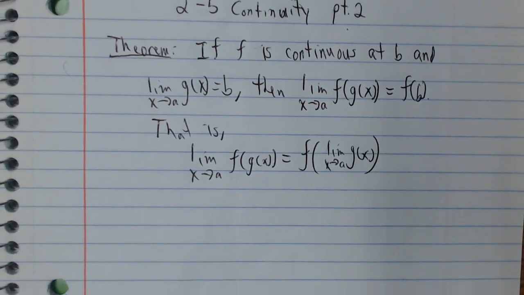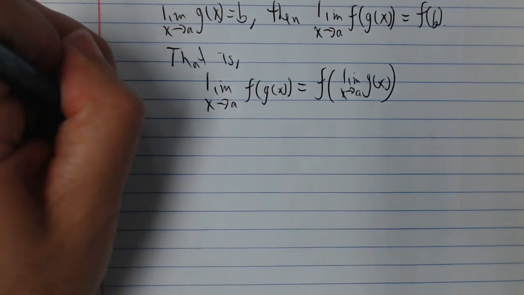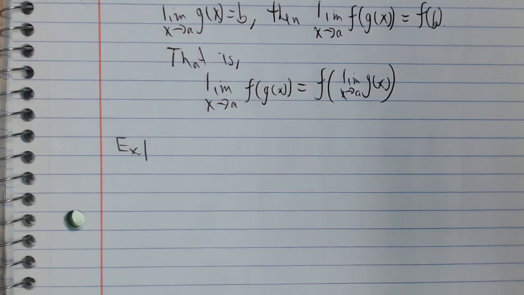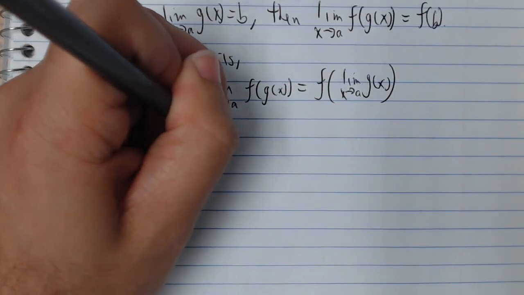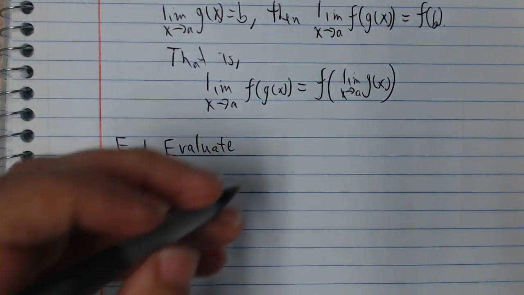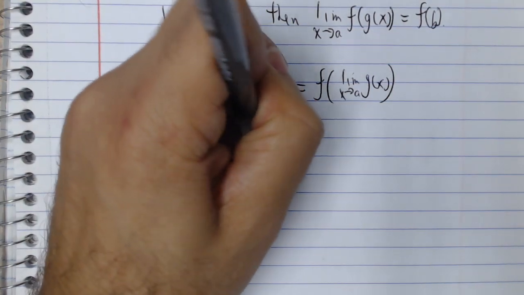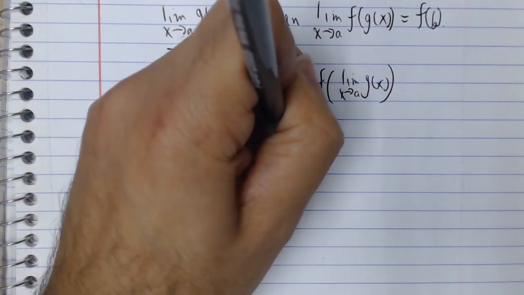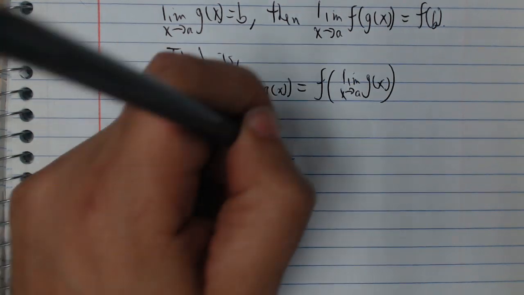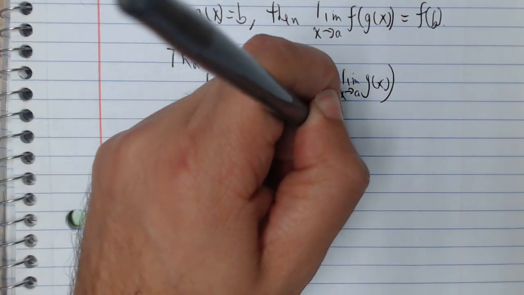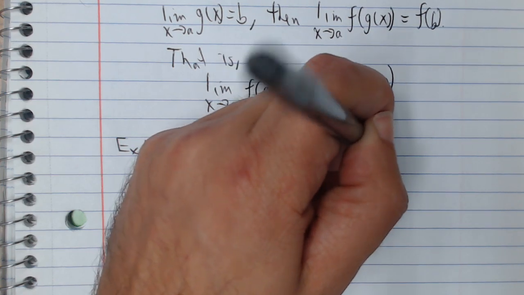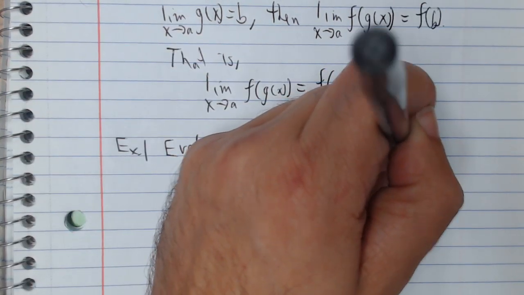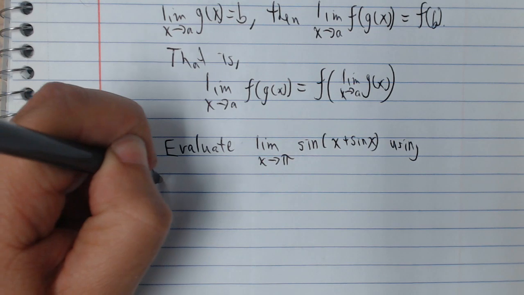Okay, so let's look at our first example, and we'll put this theorem to use. Evaluate the limit as x approaches pi of the function sine of x plus sine of x using continuity.